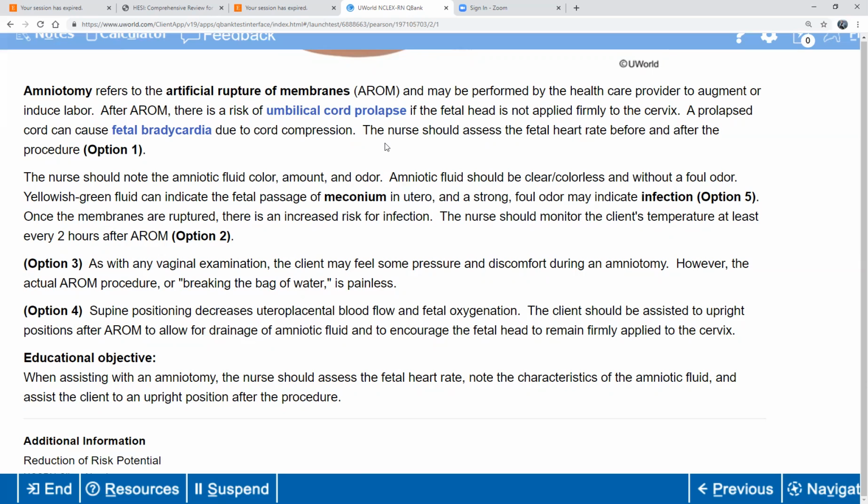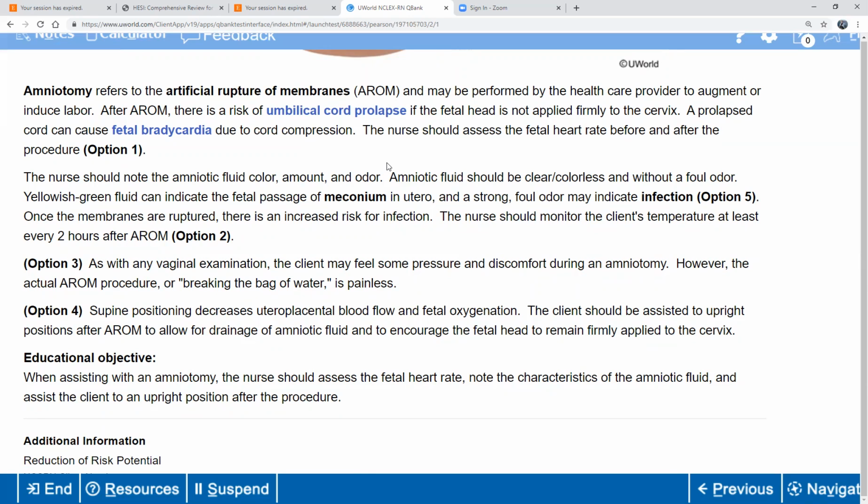I'm not sure why they don't have it on here, but the amniotomy itself is painless, and an upright position after the procedure. Yes, upright position after the procedure. Okay. So at least every 2 hours, Lovetta.